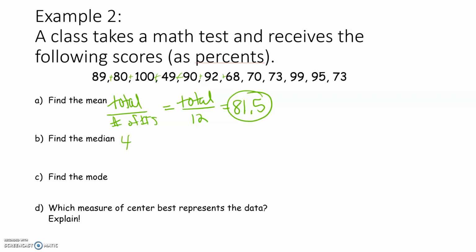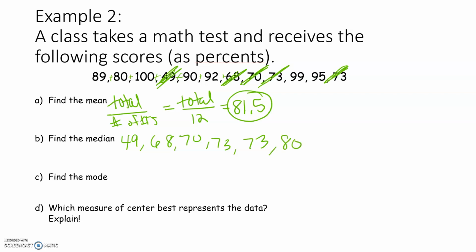The smallest number I see is 49. And remember, I'm going to cross them off my original list to make sure that I get them all in there, so that way I don't miss anything. So my next number is 68, then 70. Okay, I have 73, it looks like, twice in my list. So I'm going to write that twice and cross it off twice.